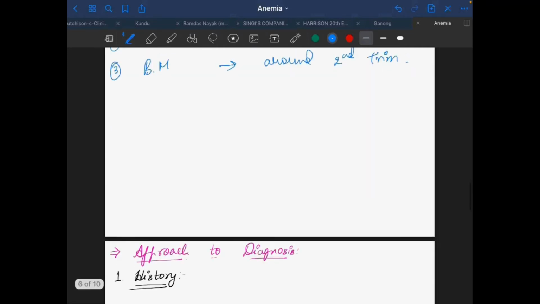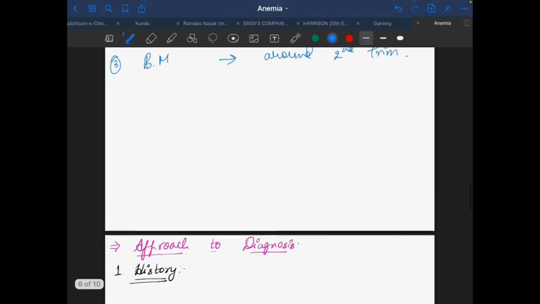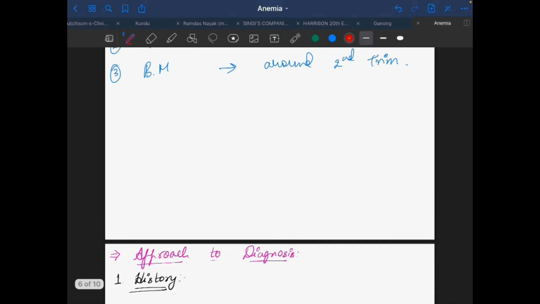Now we will also see a basic physiological fact, that is, the normal lifespan of RBCs. The normal lifespan of RBCs in a term neonate is 90 days.